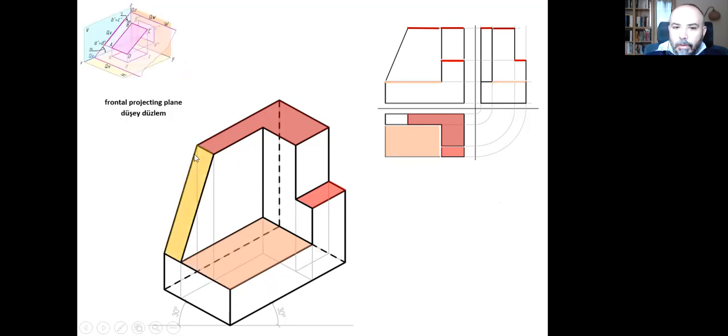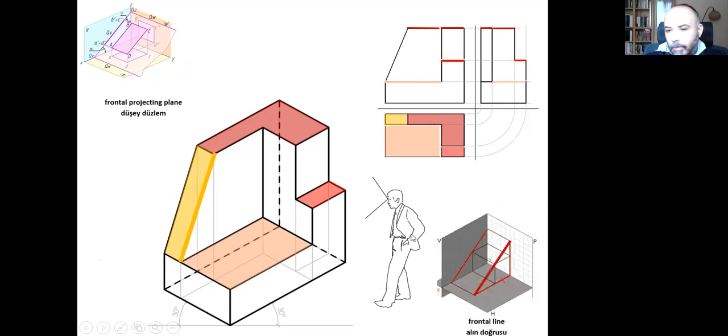And let's move on. We have a frontal projecting plane positioned like this. If I'm looking down, I will be looking at this surface here. And in the front, I will notice its edge as a frontal line there. And because there is this interval difference, I need to leave the gap.